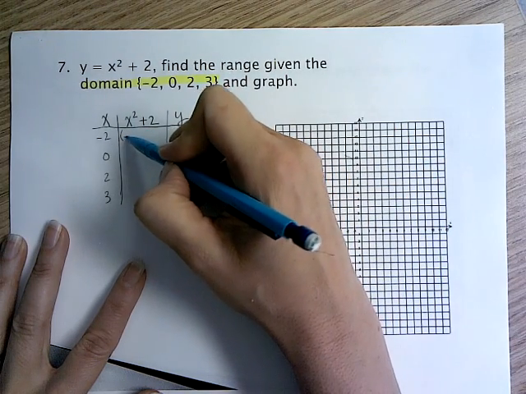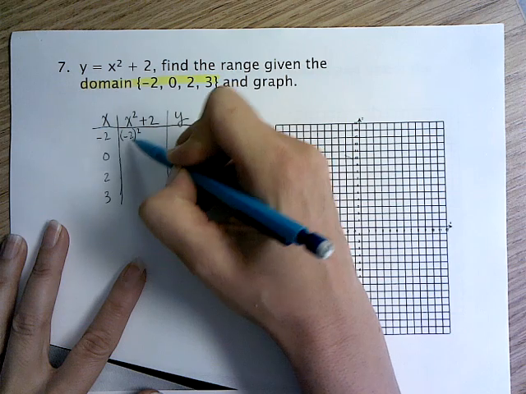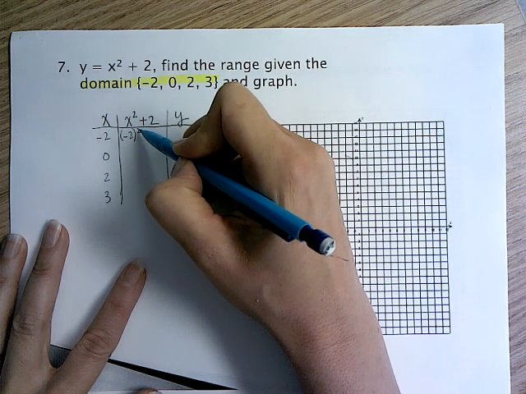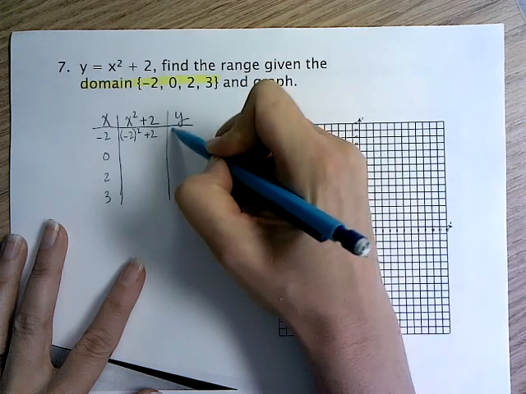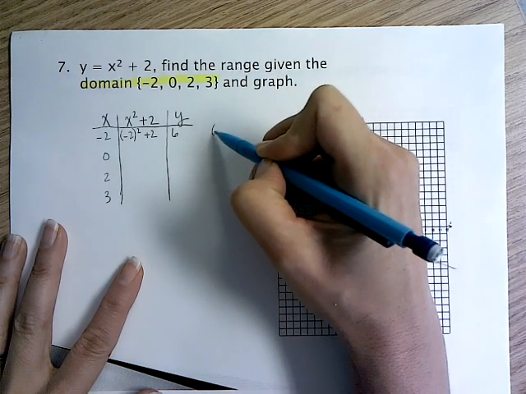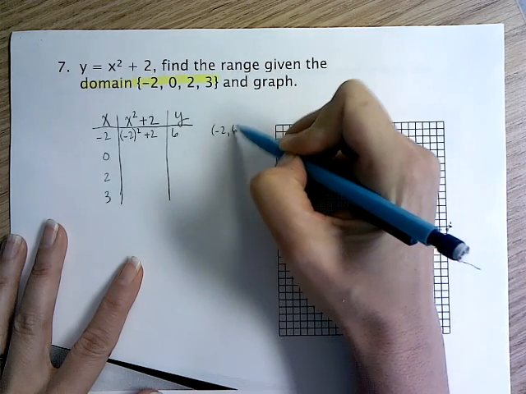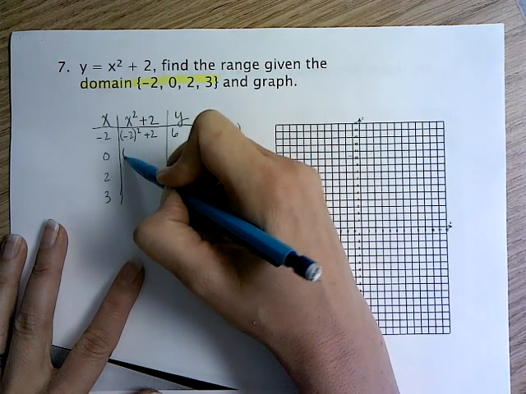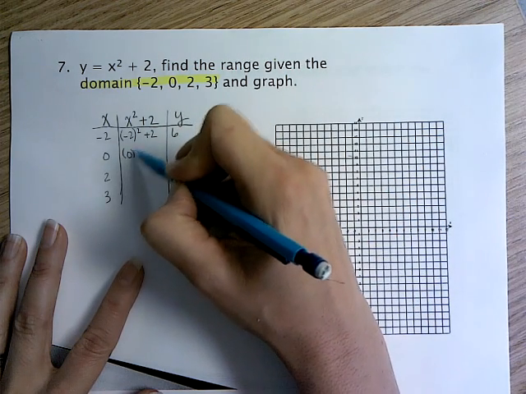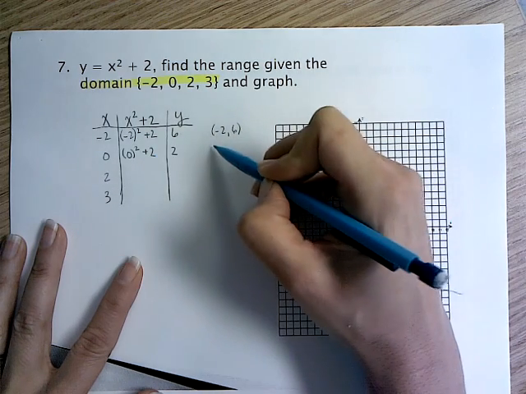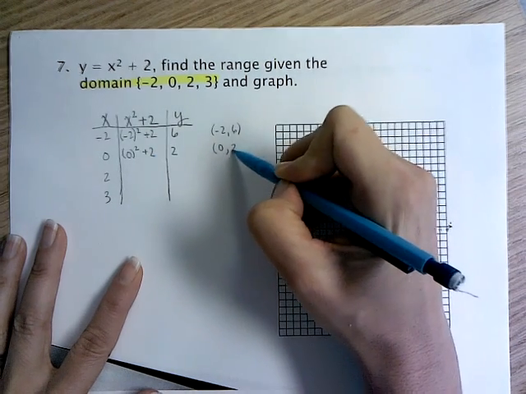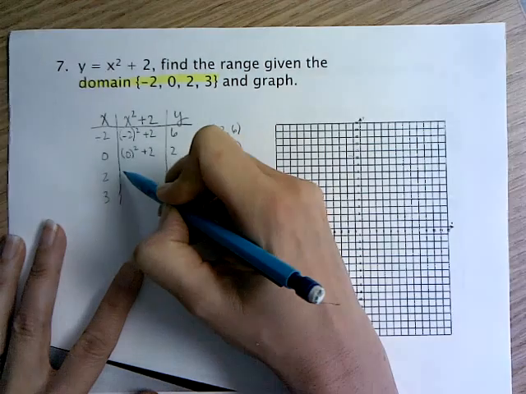Remember, substitutions in parentheses. Negative 2 squared is negative 2 times negative 2, that's positive 4, plus 2 is 6. So my ordered pair there is negative 2, 6. Next I'm going to substitute 0. 0 squared is 0, plus 2 is 2. So my ordered pair is 0, 2.